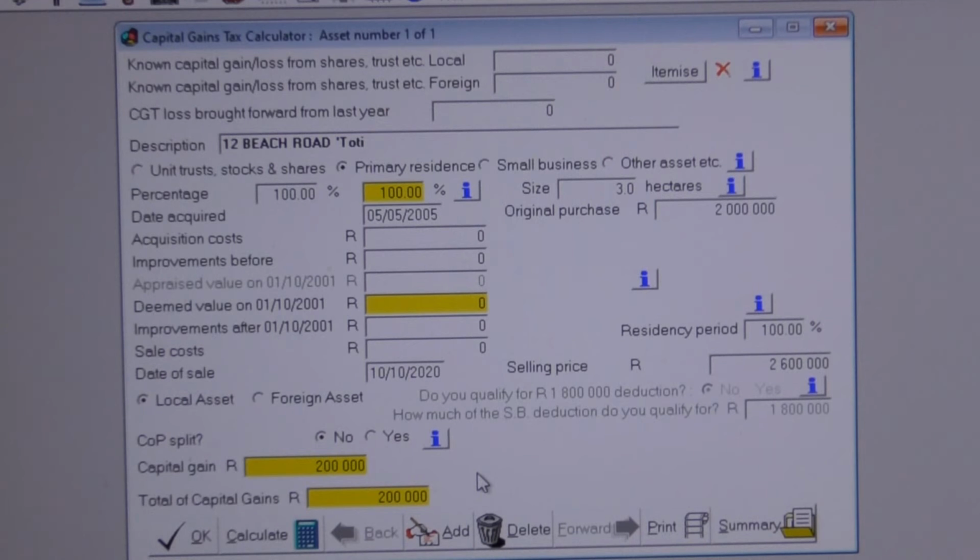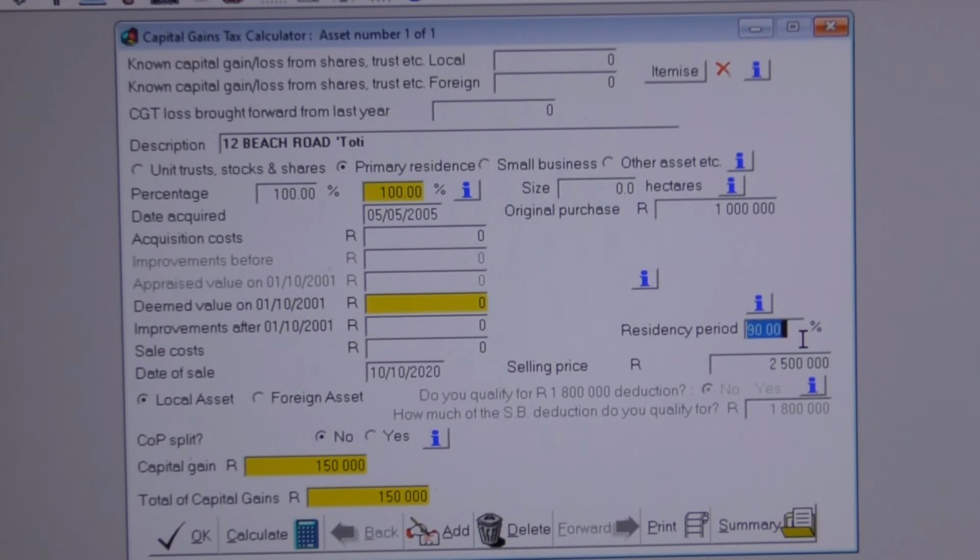Because this property was 3 hectares in size, it means 200,000 rand profit per hectare. The 2 million rand exemption applies to the profit on the first and second hectares, but the 200,000 rand profit on the third hectare stands on its own and is liable for capital gains tax.